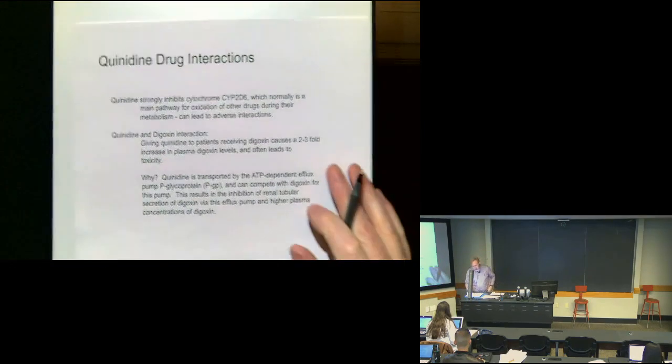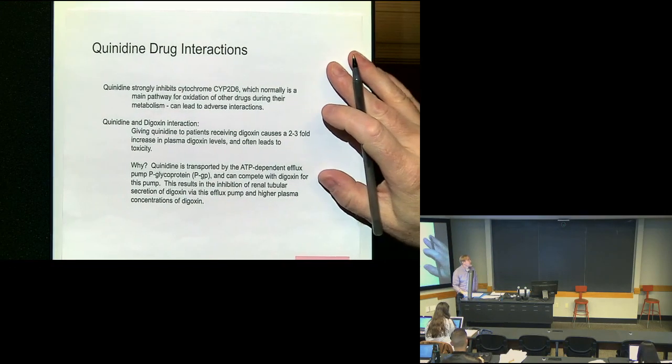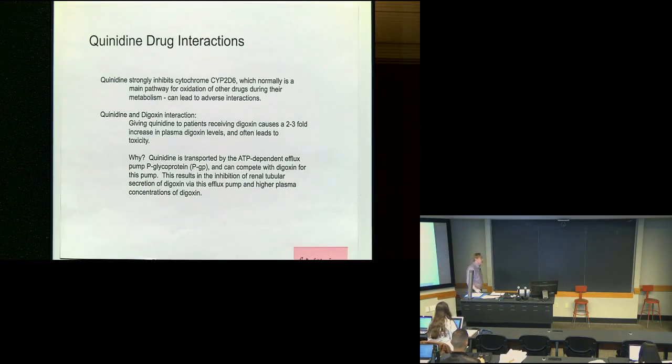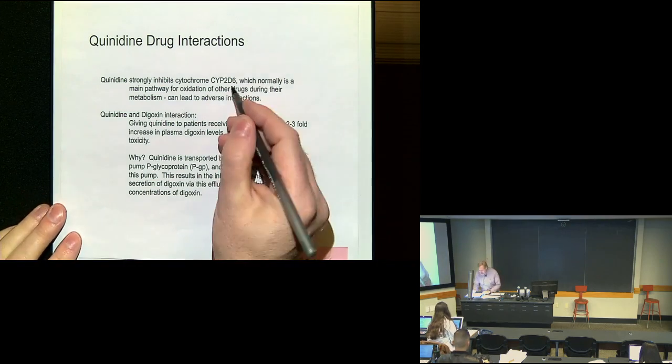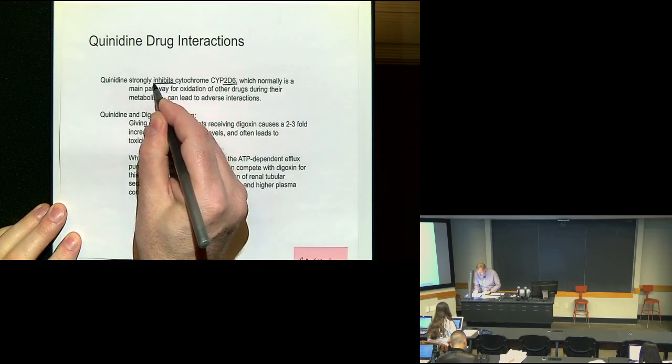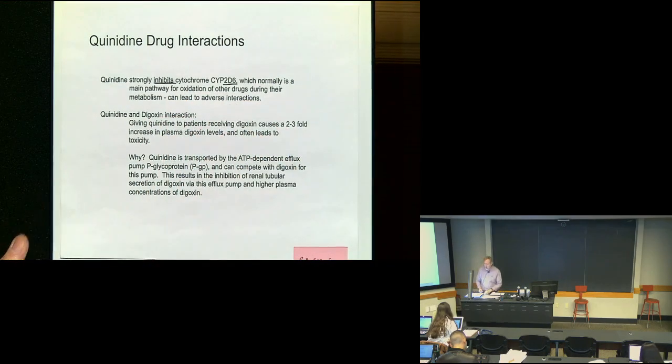Now, I alluded to some drug interactions. Although it gets metabolized by that cytochrome P450, it also strongly inhibits a different one, CYP2D6. That's a major pathway for oxidation of other drugs, and so inhibition of this can lead to adverse drug-drug interactions.